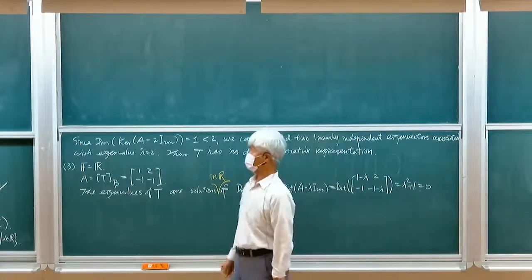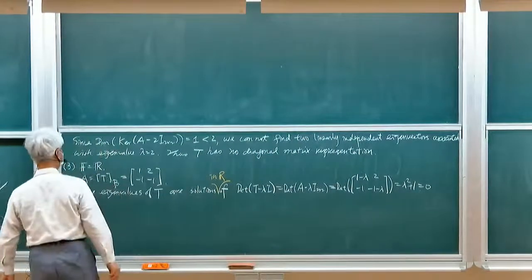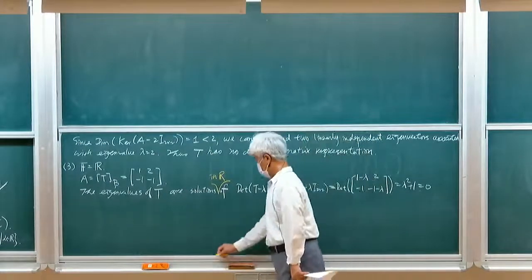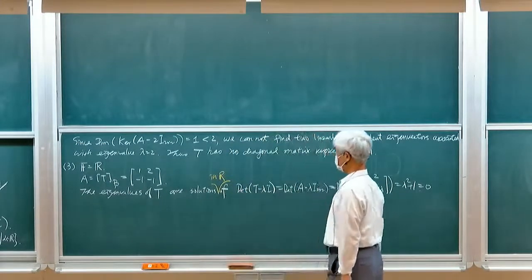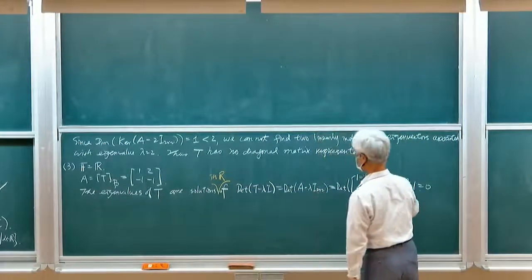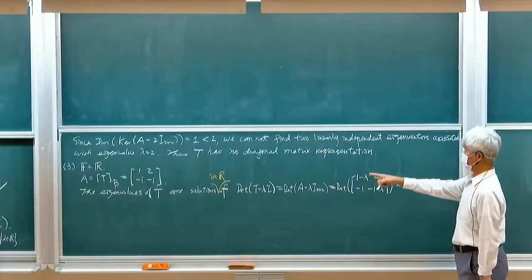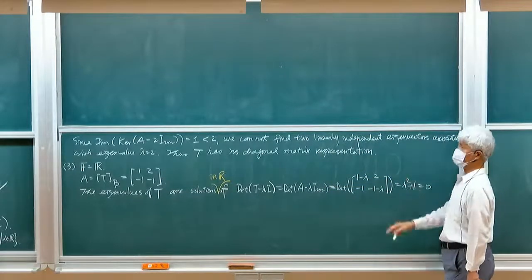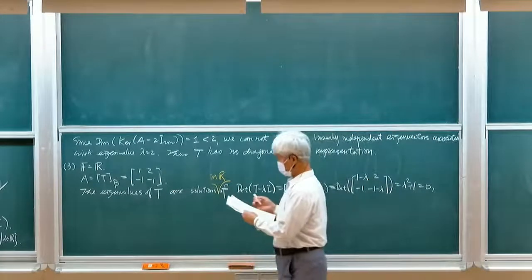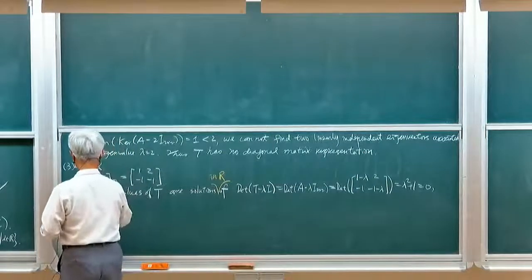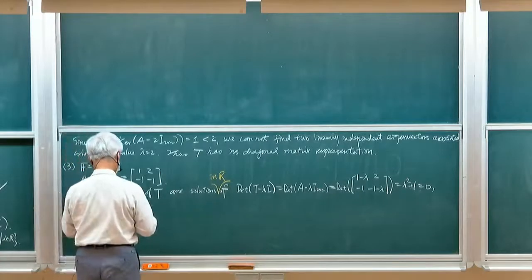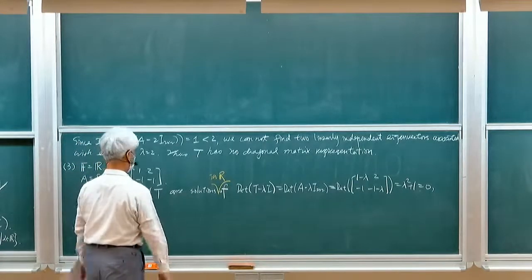Our vector space is over the real numbers, so the eigenvalues considered should also be in R. But this polynomial equation has no real solutions, so the solution set is empty.